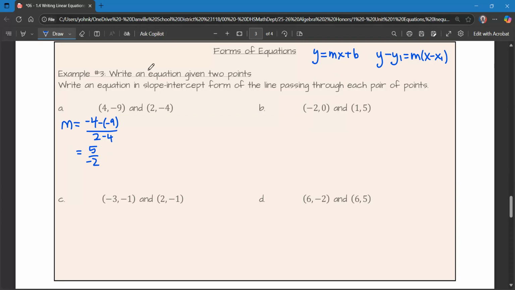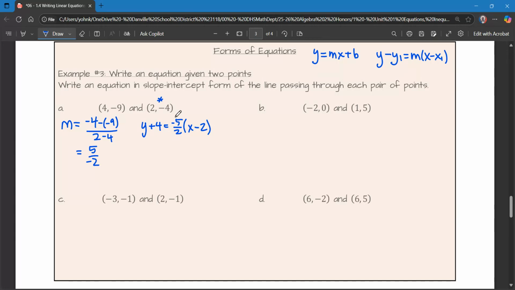Then I'm going to pick one of these points. It really doesn't matter which one. I'm going to pick this one because it's got smaller numbers. And I'm going to use my point-slope form now to do y minus a -4, or y plus 4, equals my slope, -5/2, times x minus my 2.